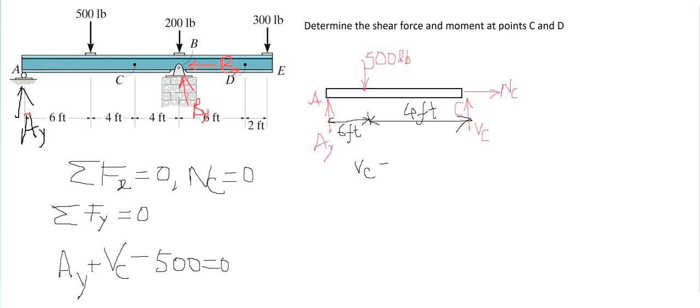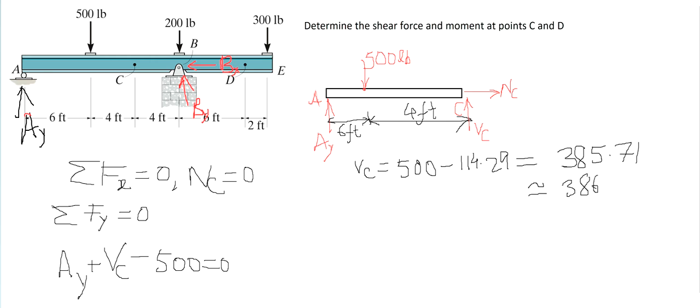So VC is equal to 500 minus 114.29, which is equal to 385.71, which can be approximated to 386 pounds.